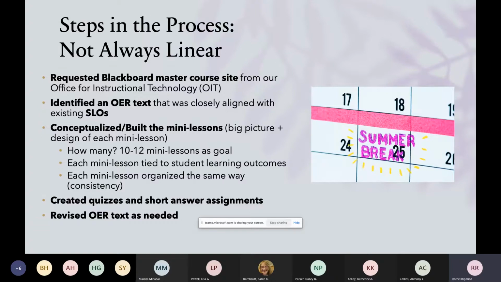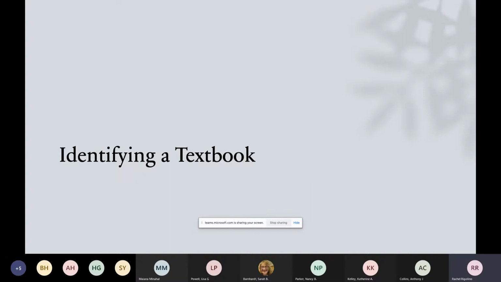I call them mini lessons. I've now changed the name to units. Be that as it may, I thought maybe I could create 10 to 12. So I set that out. So the first thing I needed to do after getting my course site was to identify a text that I could work with, a textbook that had resources that I could use.